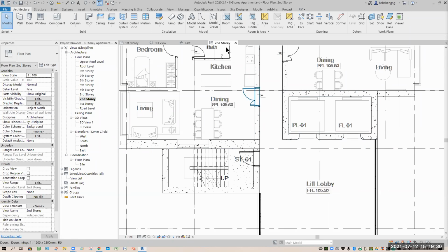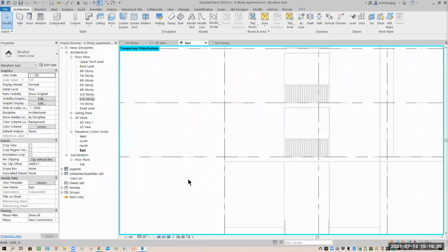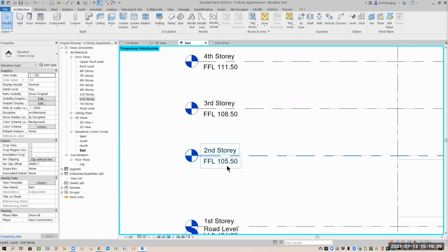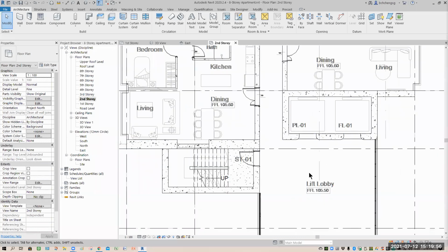When you look at the elevation for the second story, they actually follow the lobby as the reference, not the floor level for the two units. They take your lift lobby. So when you design this, you've got to read your architectural drawings carefully, check what the level is and check the elevation. This is how I determine mine.